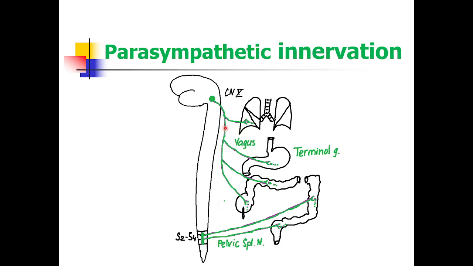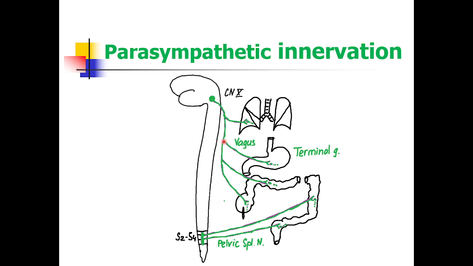Now, remember our structure? Those preganglionic fibers of the vagus have to reach the ganglia to synapse. Where are my ganglia? Very good. For all parasympathetic, it works so easily.